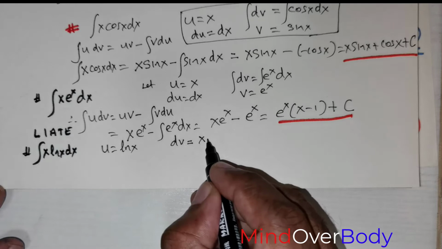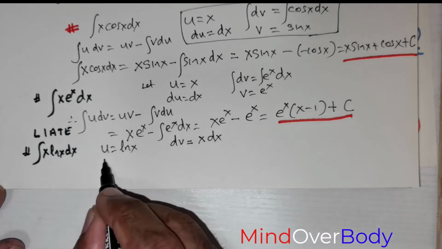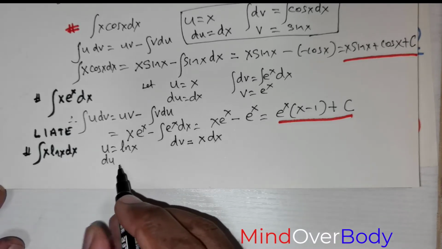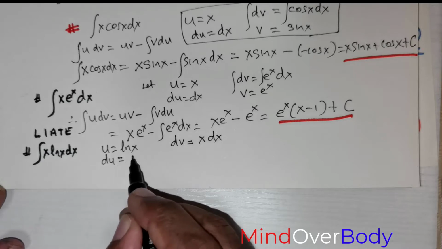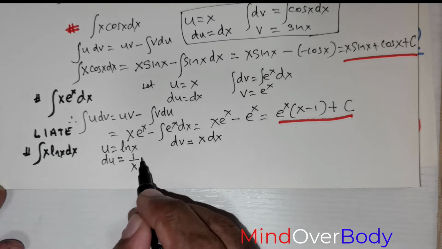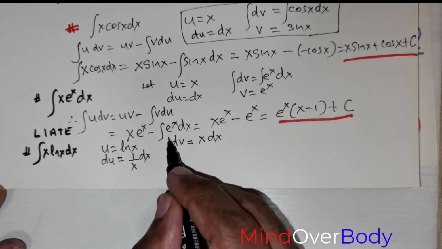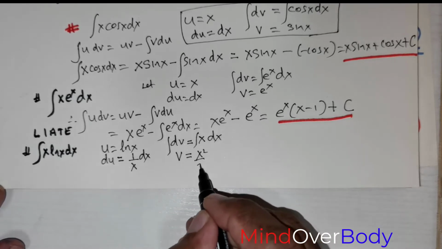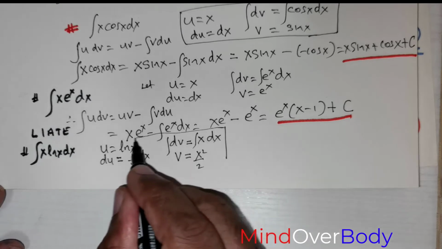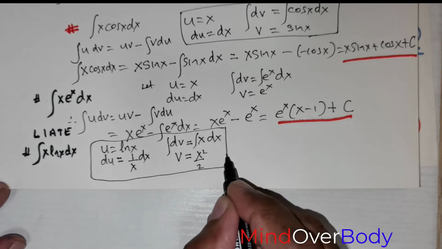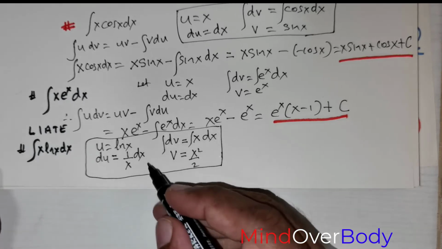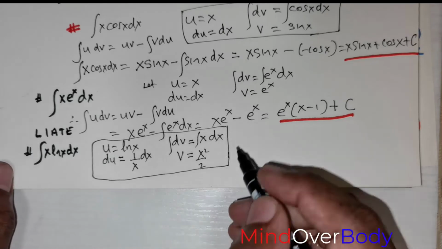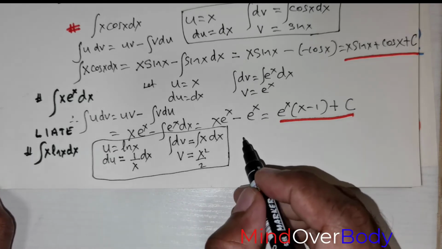That's going to be x times dx. If I differentiate this, differential of u would give me du. Differentiation of ln x is 1 over x times dx. And integrating this would give me v is equal to x squared over 2. So this is the assignment part as well as the differentiation and the integration for u and for dv.